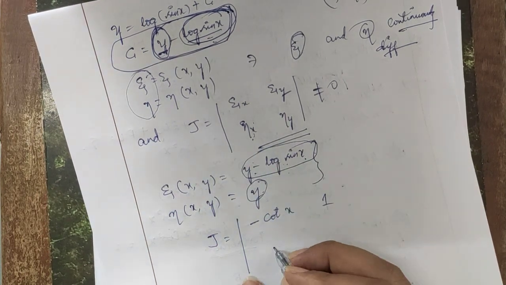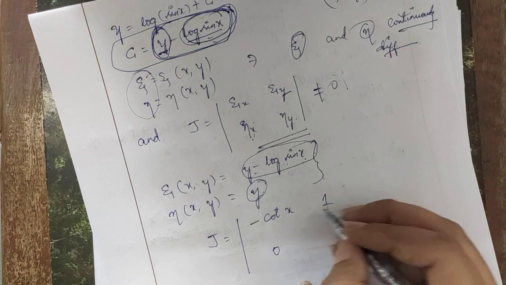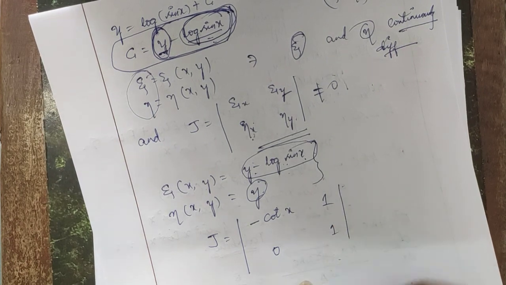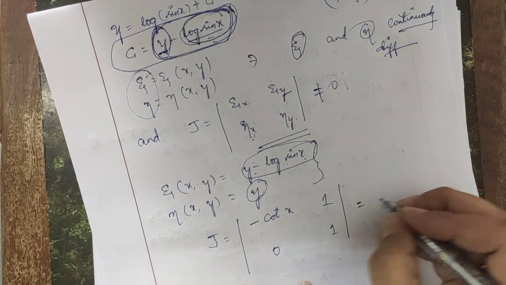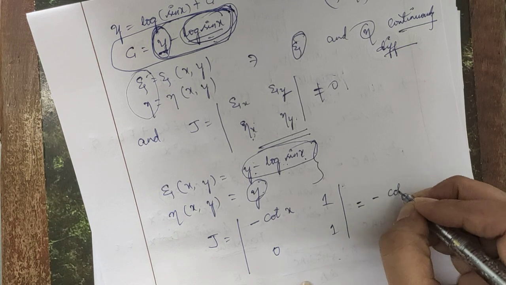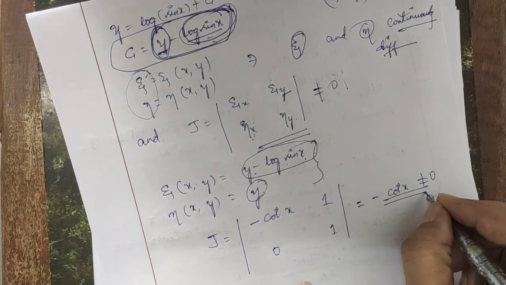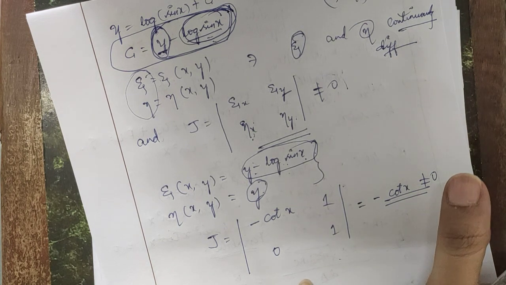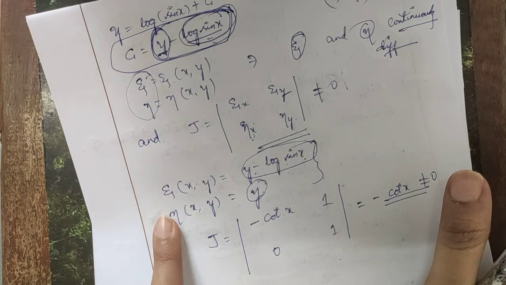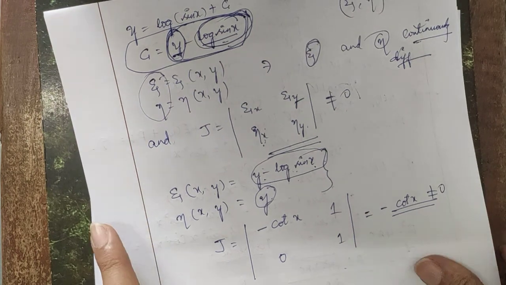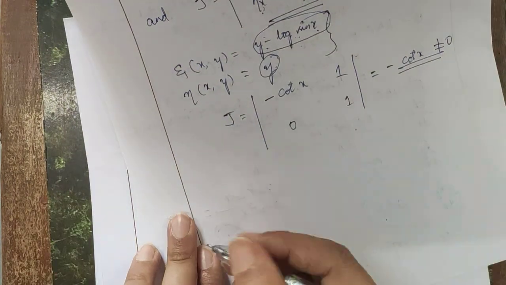With respect to x you will get 0, with respect to y you will get 1. So the determinant value gives you minus cot x, which is not equal to 0. So the functions we have chosen are right. There is no problem with the xi and eta functions. So now let's move further.